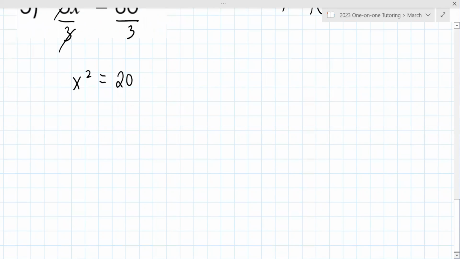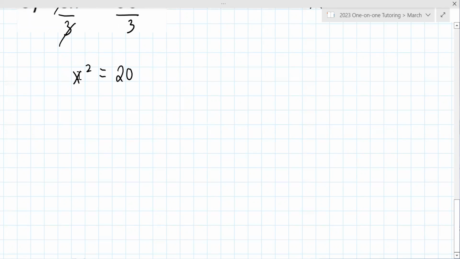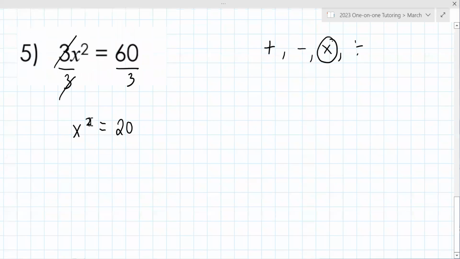All right. So now what's the next step here? What do you do after you get it down to an x squared? What did we do in the previous problems? Let's go back and look.